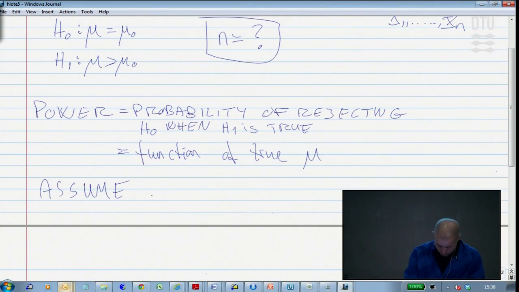So I'd like to now assume that we have a true mu1, which is actually larger than mu 0.